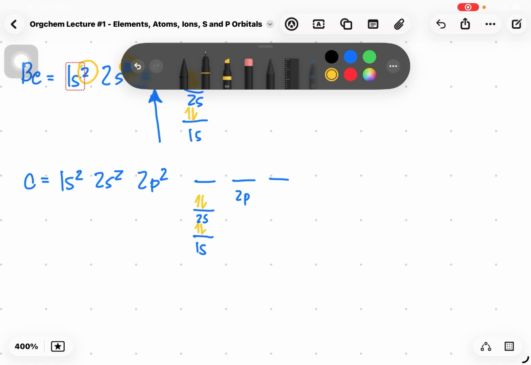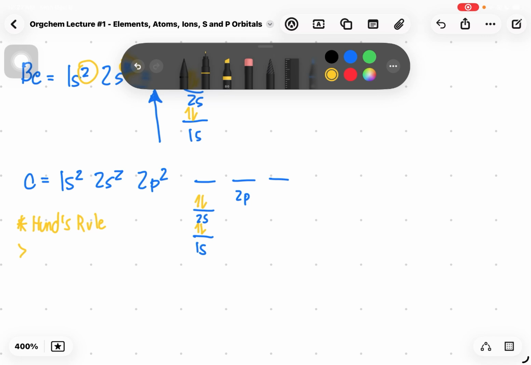But we have a rule in quantum mechanics known as Hund's rule. Normally you'd expect that you would have to draw it like this: 1 electron here, another electron there. That would be incorrect. The reason is that Hund's rule states that each orbital should be filled up with an electron first before being paired up with another.